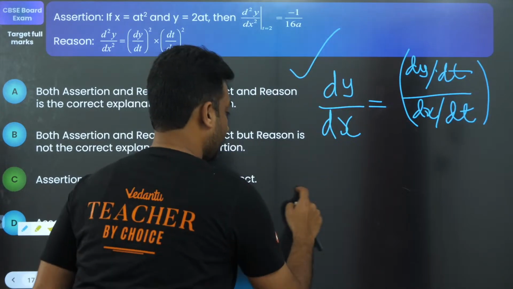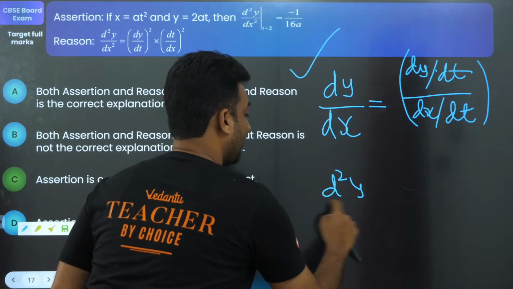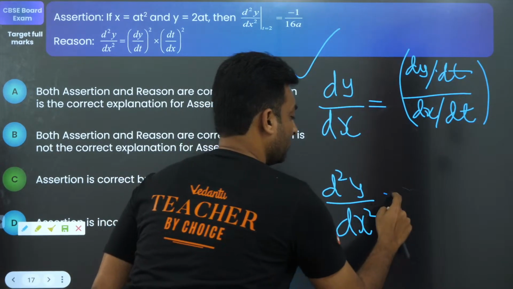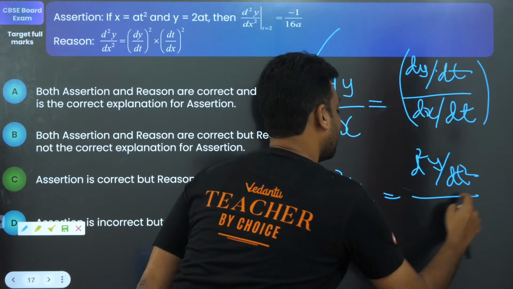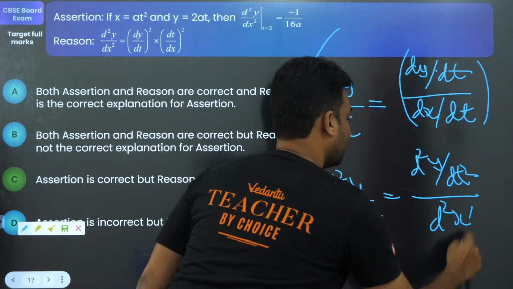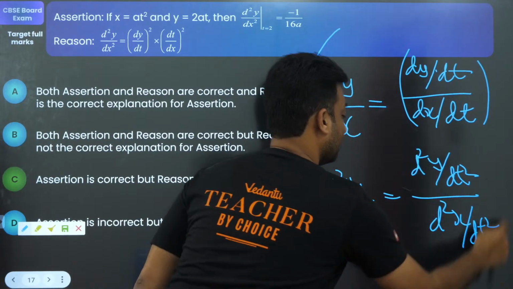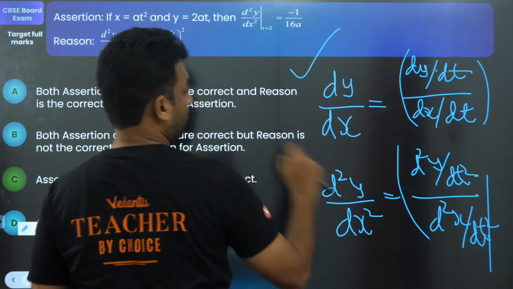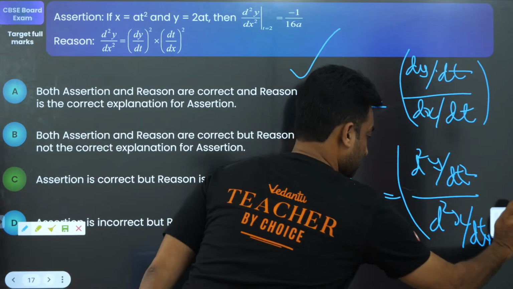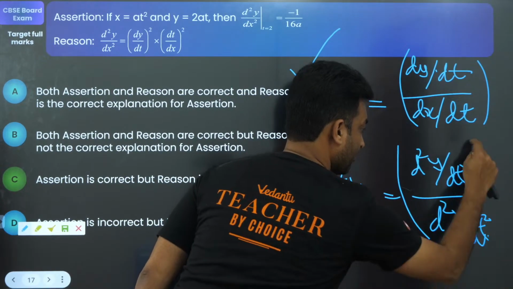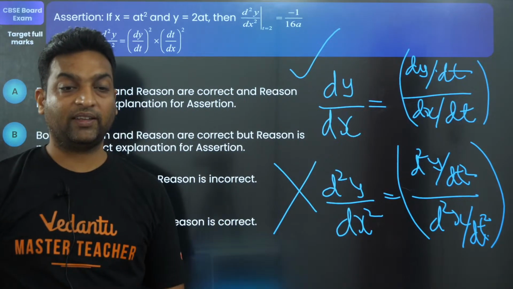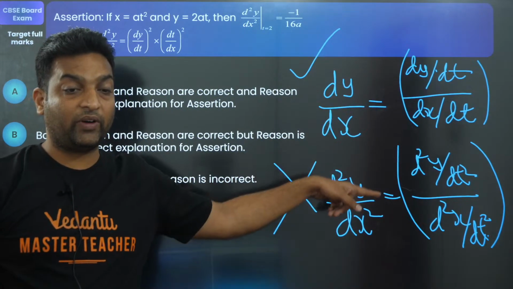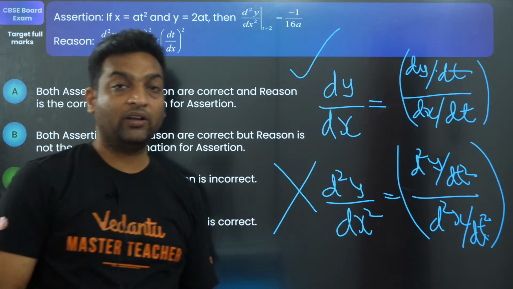This is correct. But d square y by dx square equal to d square y by dt square divided by d square x by dt square is incorrect. It is a simple thing: in single derivative you can directly divide, in double derivative you cannot. I hope you have understood.